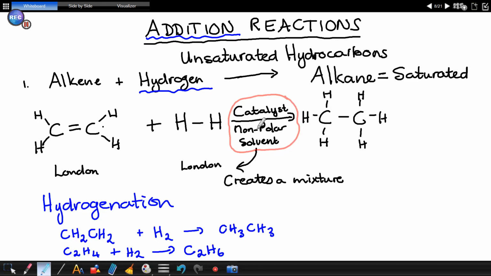Did they mention possible catalysts? Platinum. Yes, there I did. Palladium or nickel. We're done with combustion, we're doing addition.